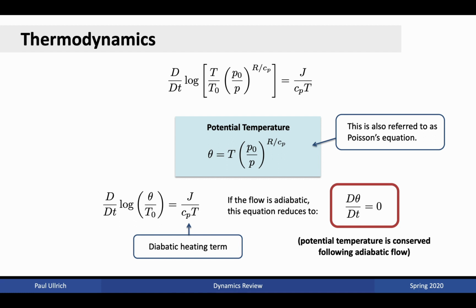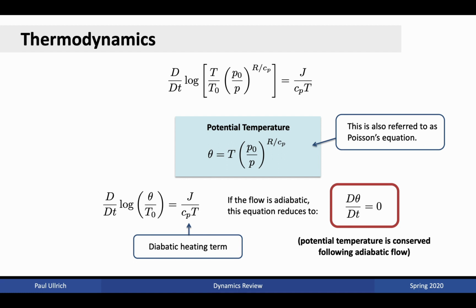This is also referred to as Poisson's equation in some of the literature. In particular, this quantity theta, known as potential temperature, is equal to temperature times P0 over P to the R over Cp, where R here is the dry specific gas constant.